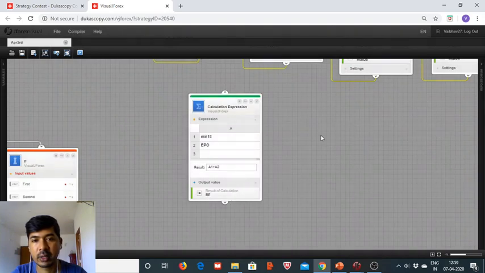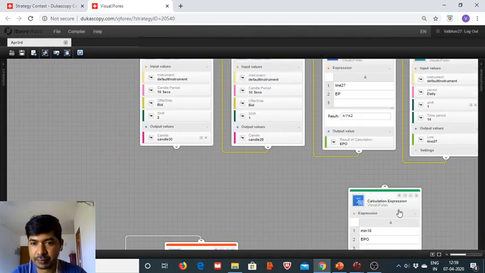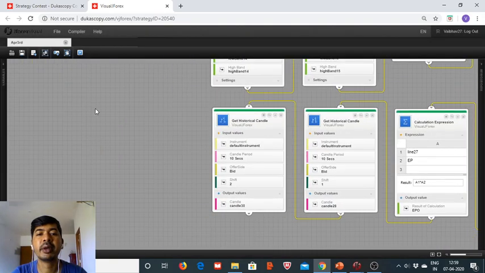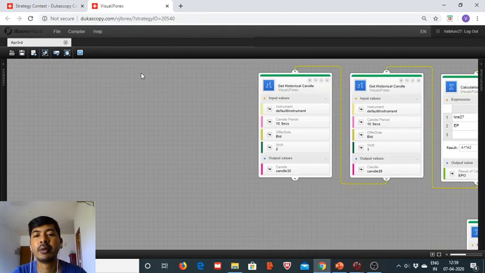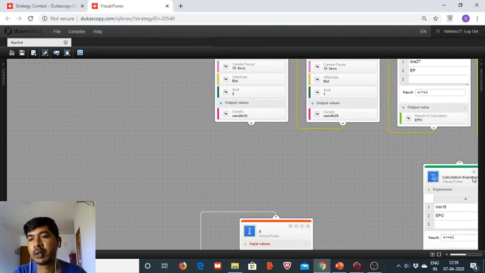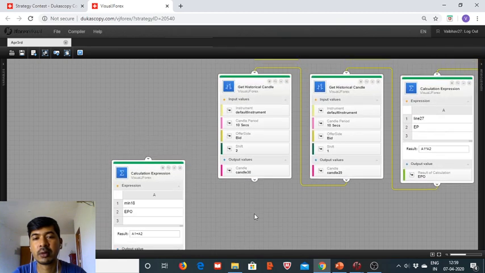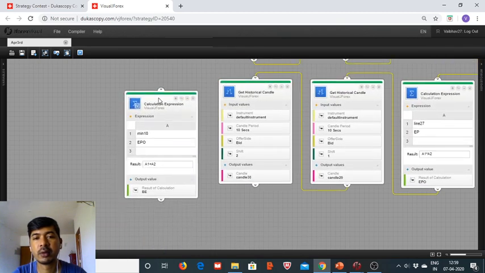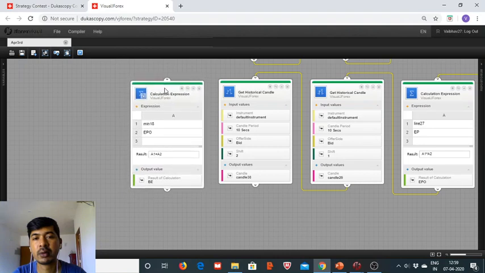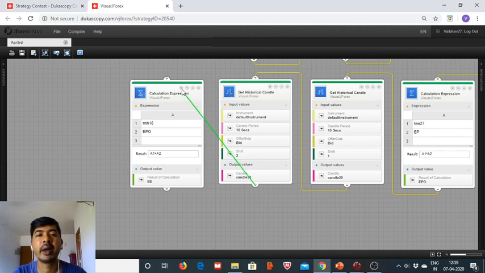Alright, okay. So here we have done this. Similarly, while adding the sale side, we will also need to calculate the sale execution.